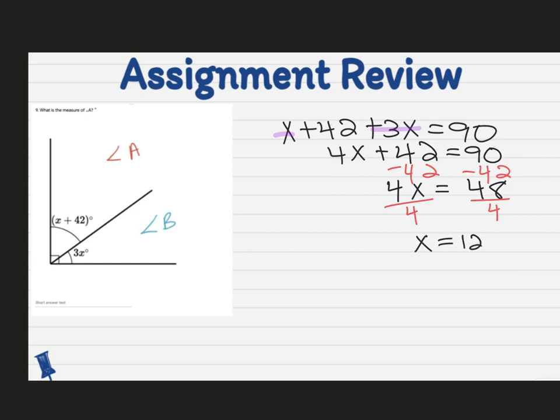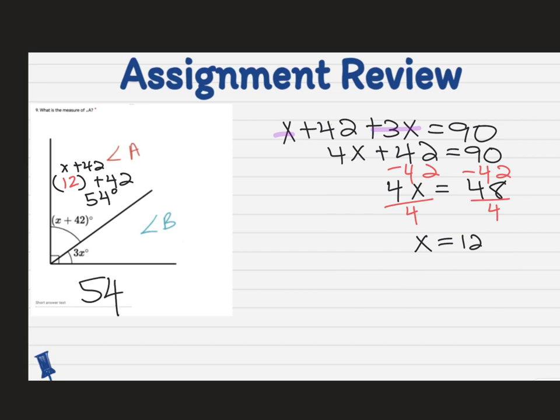All right, so 12 is not our answer because it says what is the measure of angle A? That's what I'm solving for. So A is x plus 42. So I'm going to replace the x with 12 because we got x equals 12. So we'd be left with 12 plus 42, which is going to give us 54.